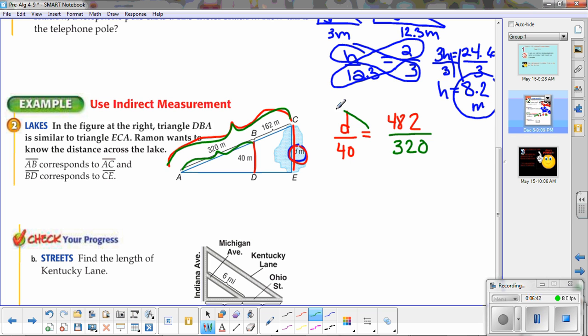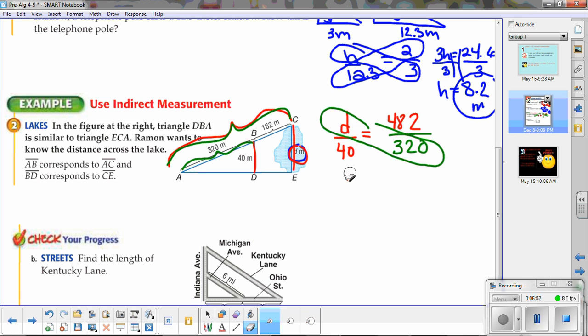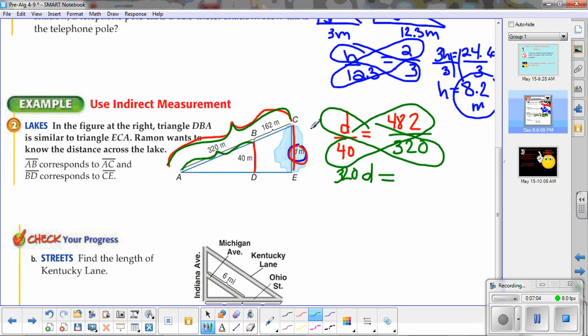Now to solve the problem, it's 320 times D, or 320D, equals 40 times 482. 40 times 482 is 19,280.